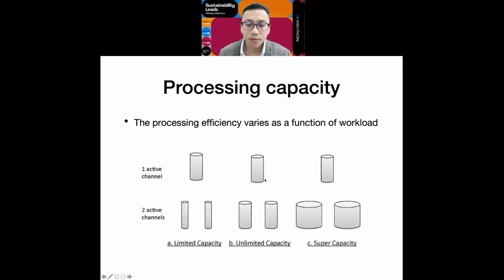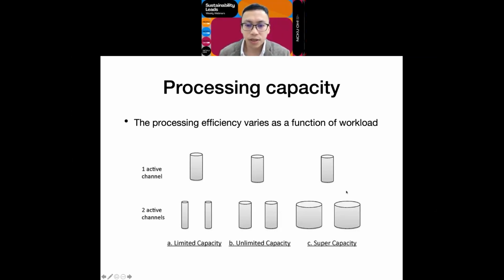But for the unlimited capacity case, if you have capacity K here and then you add additional information to your system, each channel still receives capacity K, which means your system is an unlimited capacity system.